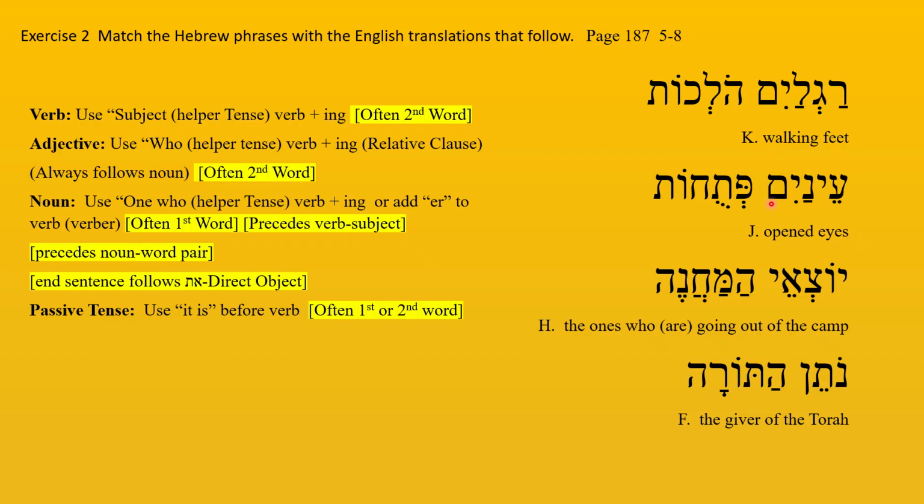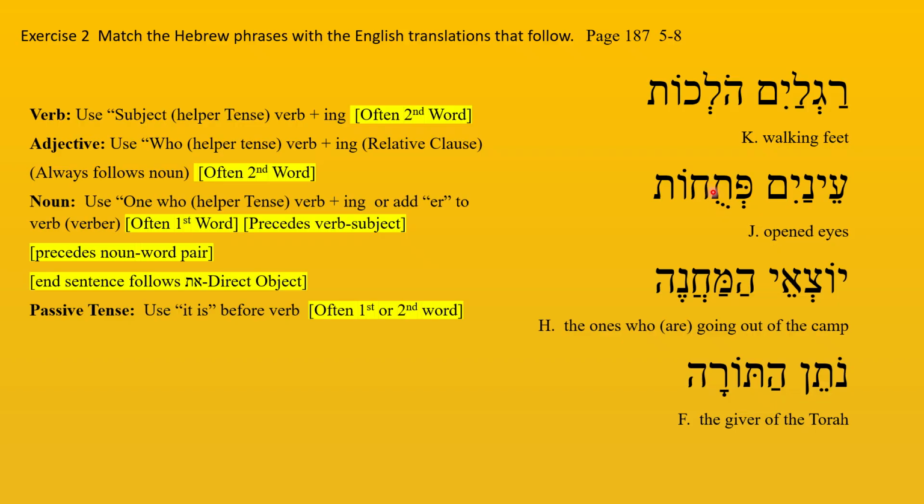Einayim. So you have eyes. And then you have petuchot. So this is passive. You don't have the O in the second position, but you do have oo in the third position. Okay.